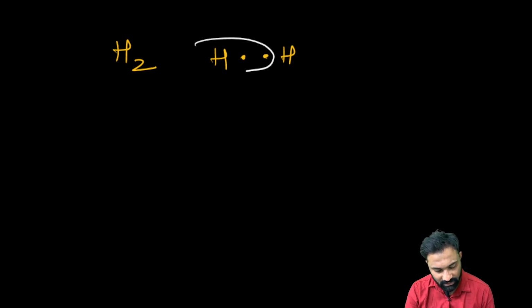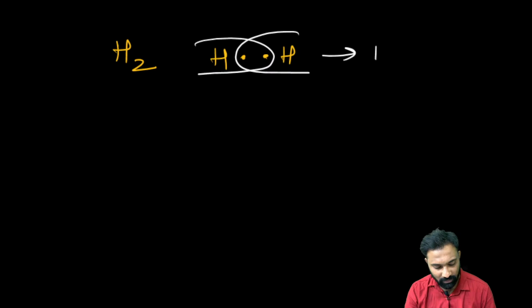If you take H2, one hydrogen has one electron, and another hydrogen has 1 electron. Each hydrogen, to complete its duplet electronic configuration, requires 1 electron. Now it will form one covalent bond. The bond between them is covalent, so hydrogen covalency is 1.